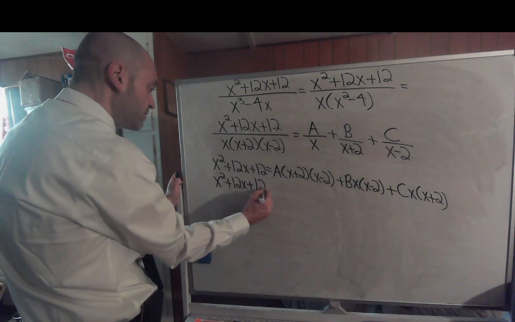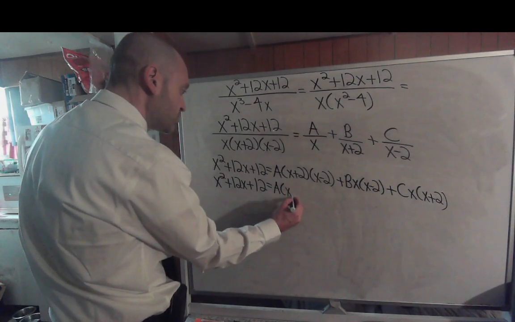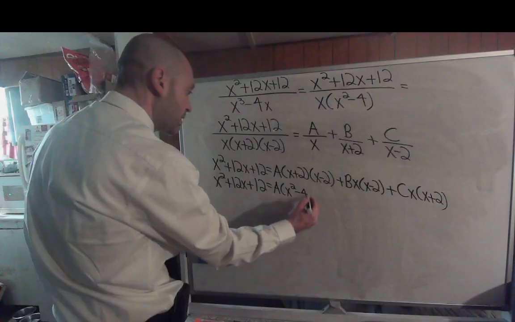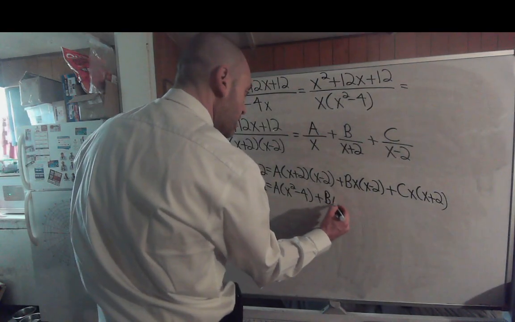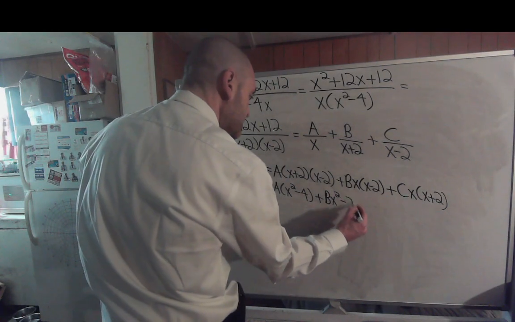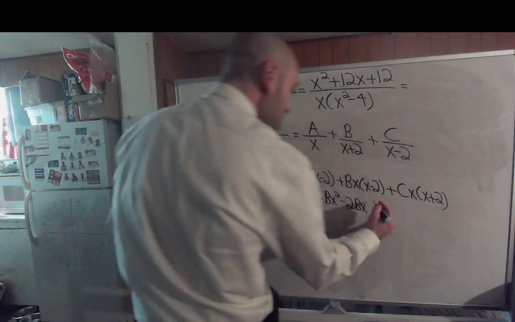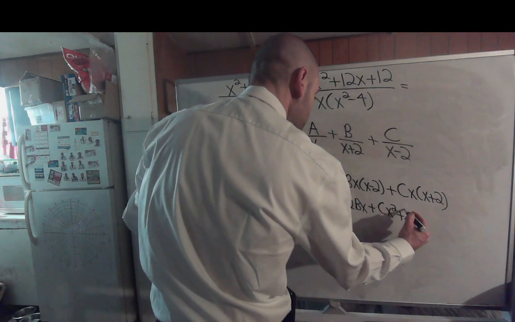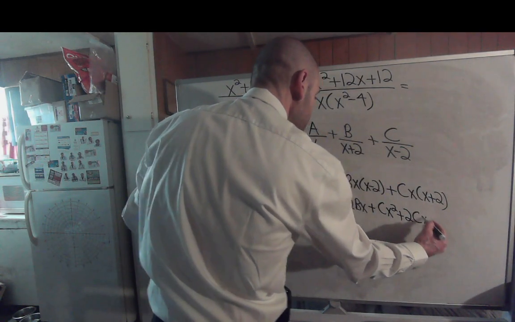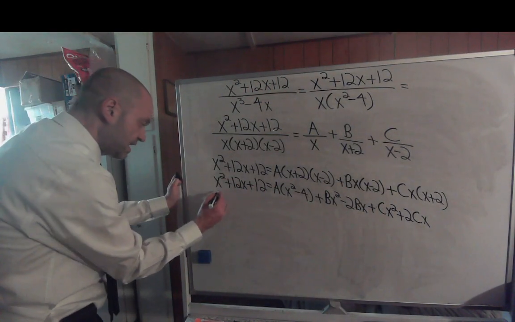plus 12 equals a times x squared minus 4 plus bx squared minus 2bx plus cx squared plus 2cx. All right, let's simplify the right-hand side a little more.